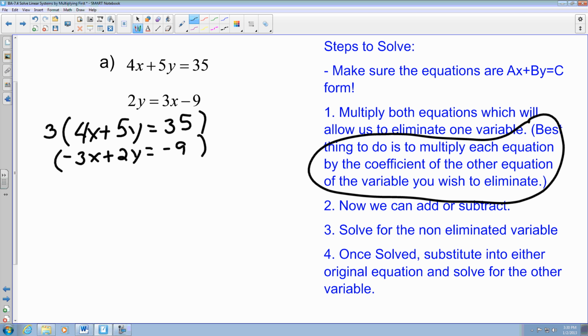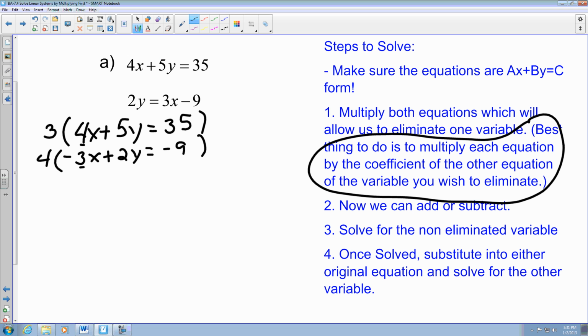And the coefficient of the first equation would be 4. So what you're basically doing is multiplying by the coefficient of whatever the variable is attached to in the other equation. So I'm multiplying the first equation by 3 because I have the 3 here. I'm multiplying the second equation by 4 because I have a 4 here.